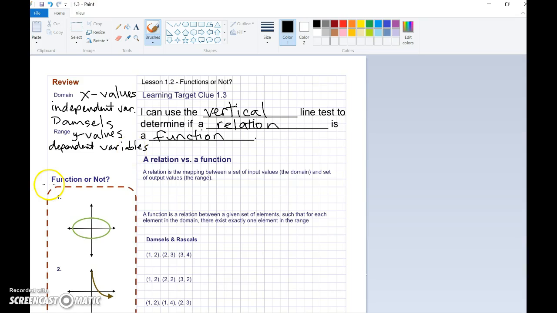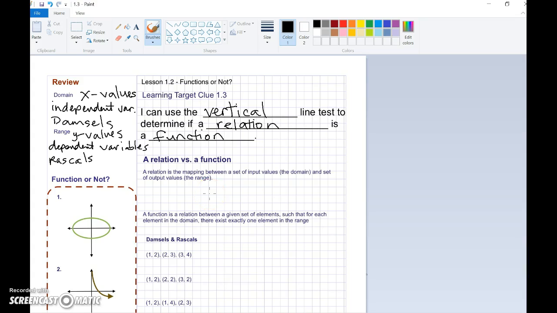And I call the range the rascals, and I'll explain what I mean in just a minute about that. So the rascals are the male version, they're the rascals, the Y's.